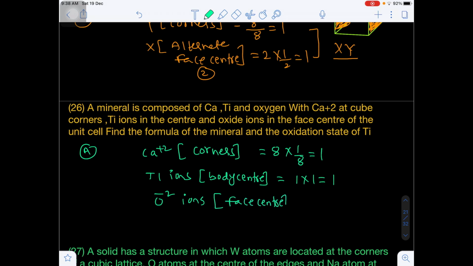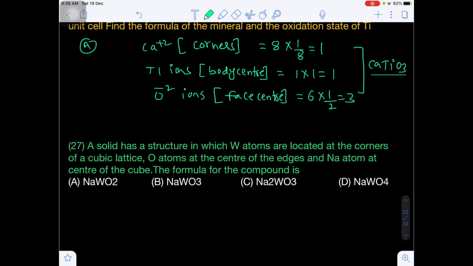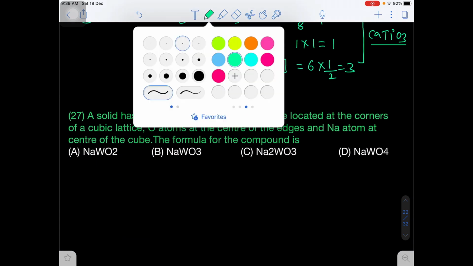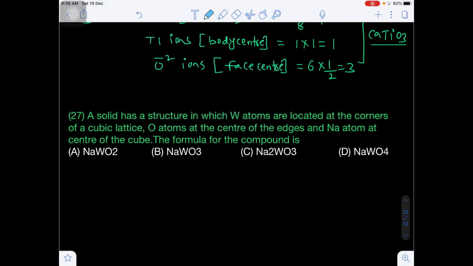We know there are total 6 faces and contribution will be 1 by 2. That will be 3. So overall, 1 calcium is there, 1 titanium is there, and 3 oxygen particles will be present. So overall the formula will be CaTiO3. Okay. Now question number 27.